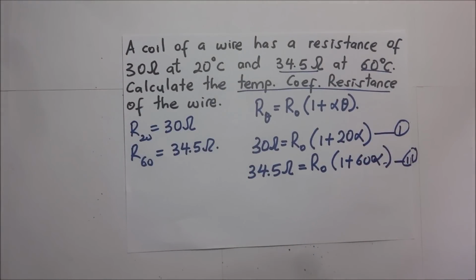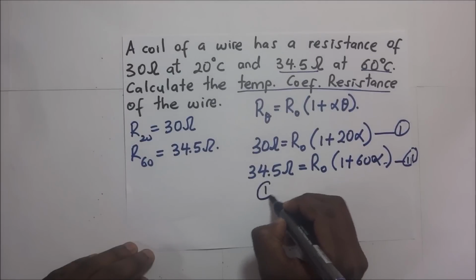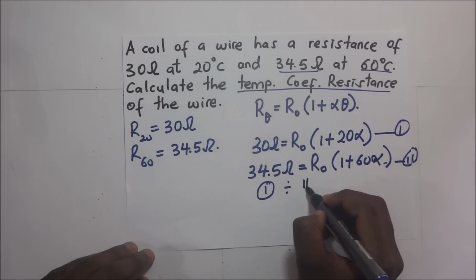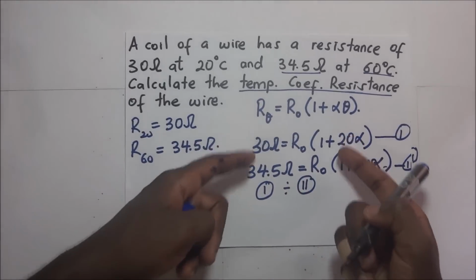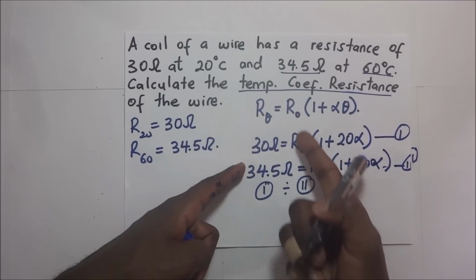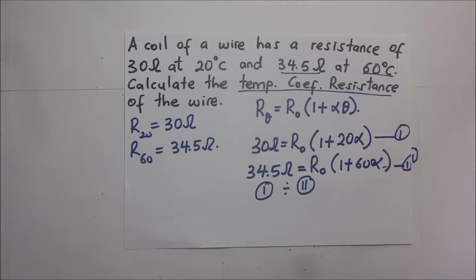The easy way out here is to simply divide the two equations. So we are going to say equation 1 divided by equation 2, so that when we divide the two, the r naughts, the resistance at 0 degrees Celsius, cancel out, and we are able to isolate alpha and get the temperature coefficient of resistance.